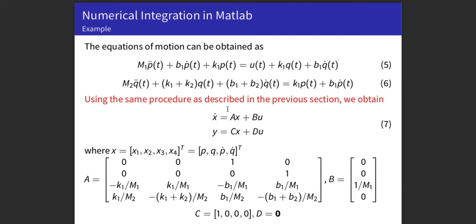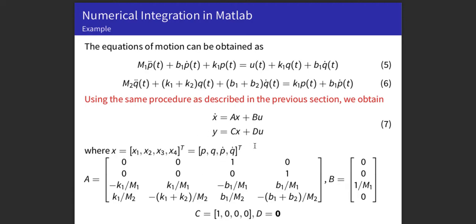Okay, this is the state space representation. We choose x1 is p, x2 is q, x3 is the derivative of p, and x4 is the derivative of q. The order doesn't matter. You can choose p dot, q dot, or q dot, p dot, which is also fine, but in this case I would just choose this.